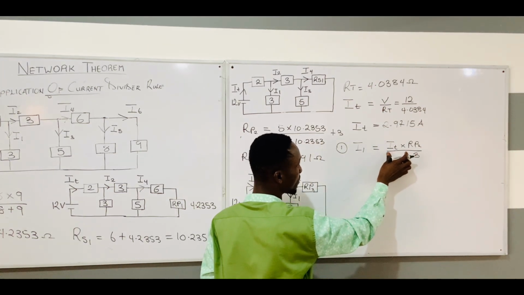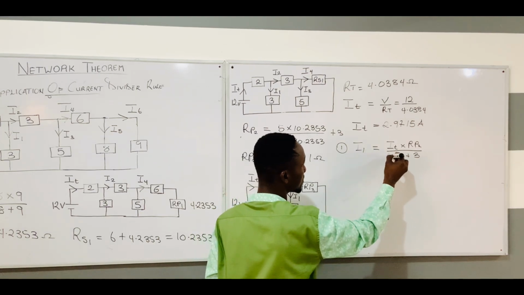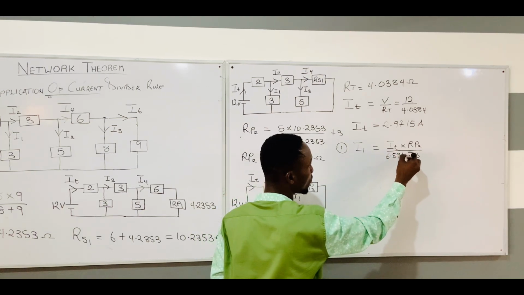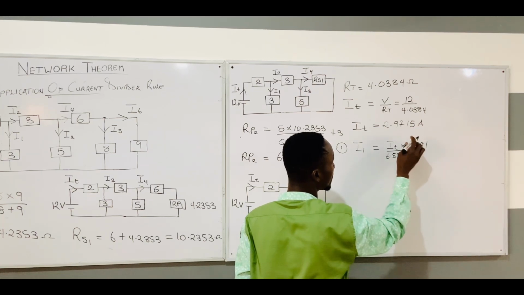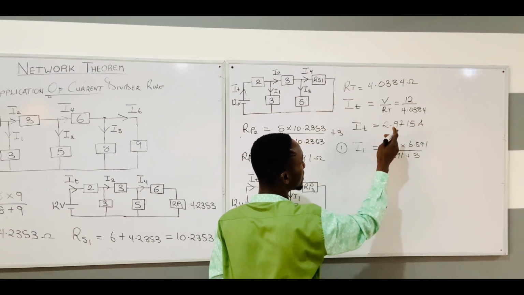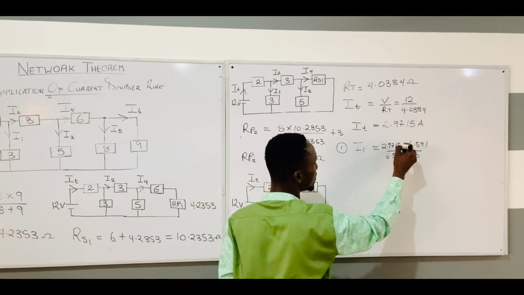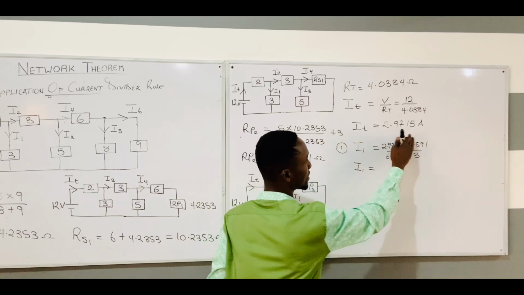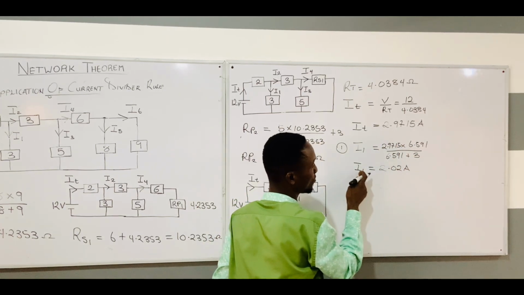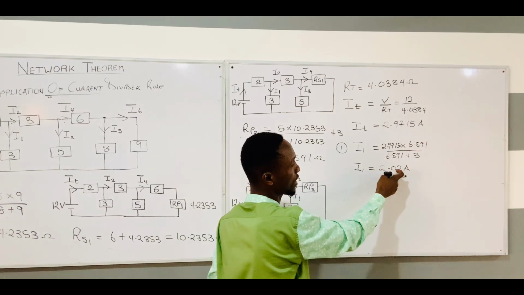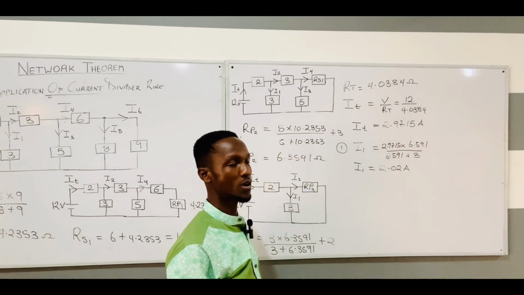So I'll clean my RP2 to put my value, 6.3591. Here we have 6.3591 and IT is giving us 2.9715. So now when you punch everything here, we are having 2.02 amps. Now this is my final answer for this, so you can round it to 2 decimal places. So this is 2.02 amps.